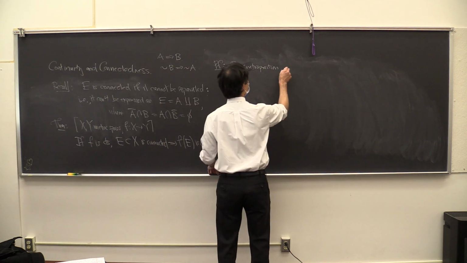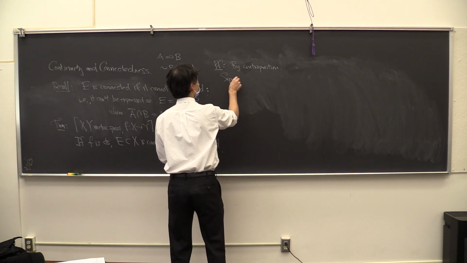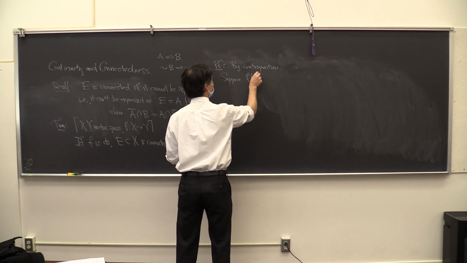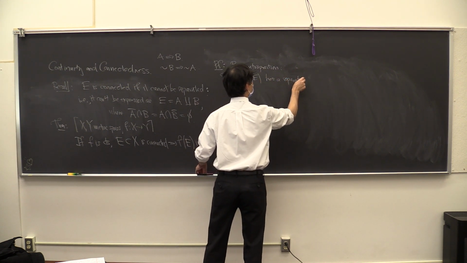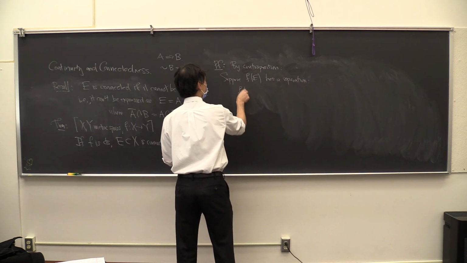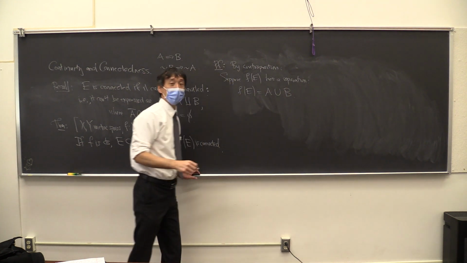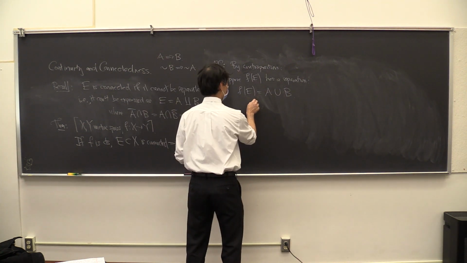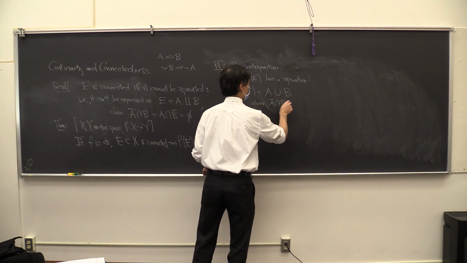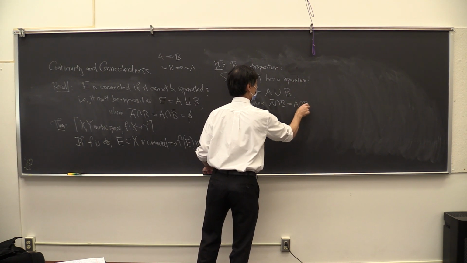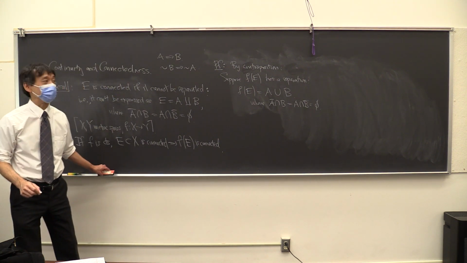Okay, so suppose that f of E has a separation. In other words, f of E can be expressed as some union A and B, where the closure of A does not intersect B, and the closure of B does not intersect A. Suppose f of E has a separation.